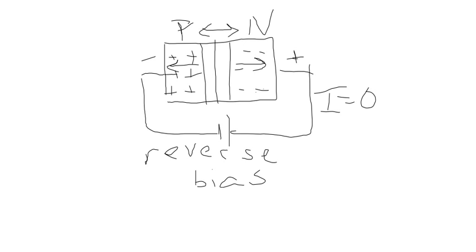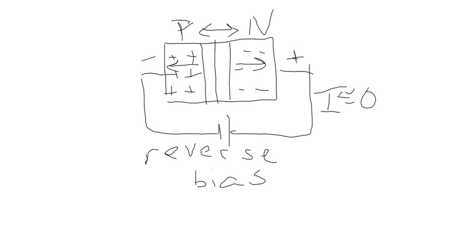And in reverse bias, ideally there's zero current, but in real life there can be a few microamps, maybe something small, of reverse leakage current, they call it. So that's what we call reverse bias.